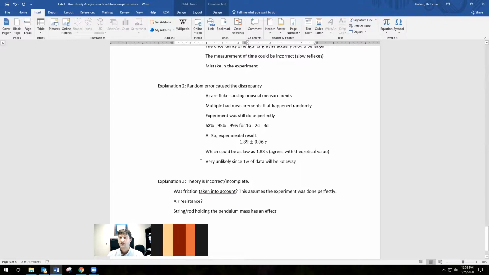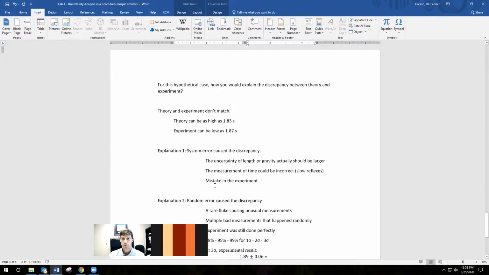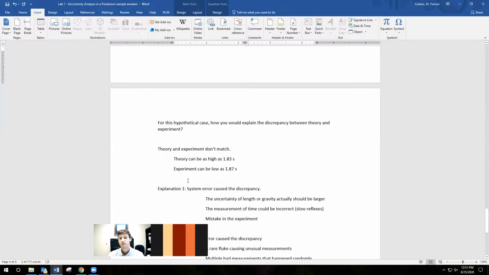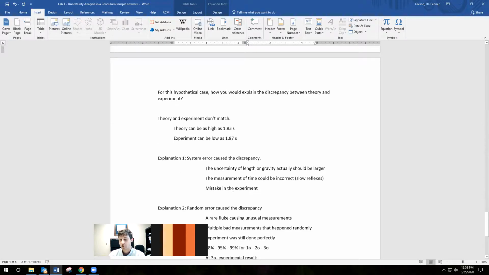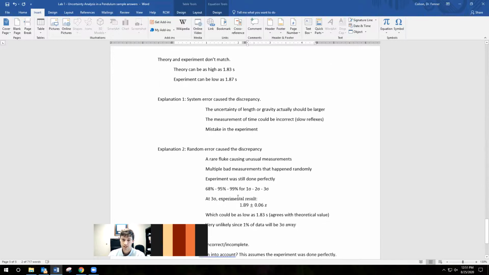And by looking at the data, you could have a better inference of which explanation was actually correct. So you'd just be able to expound on each explanation. You really couldn't pick one explanation over the other, because you don't have any data, and so you wouldn't have any justification for choosing one explanation.